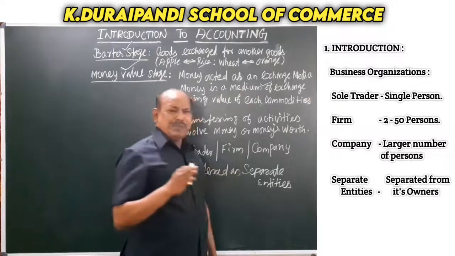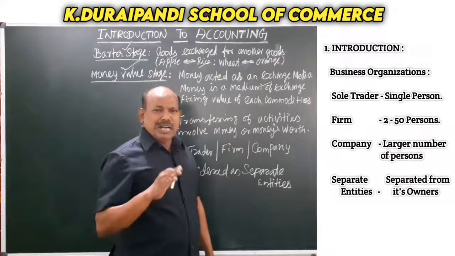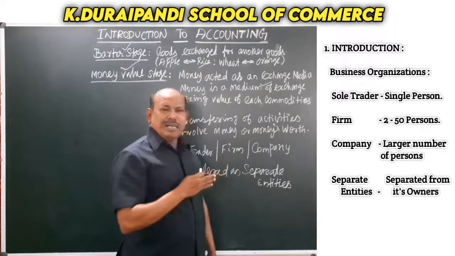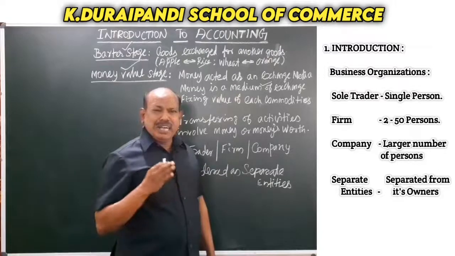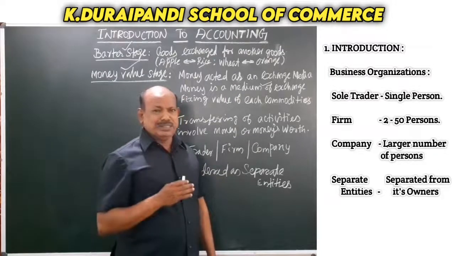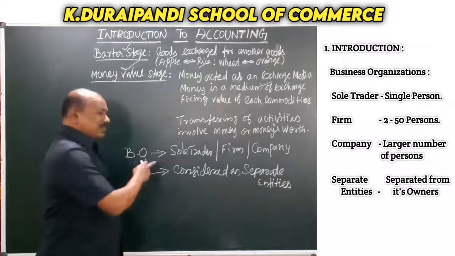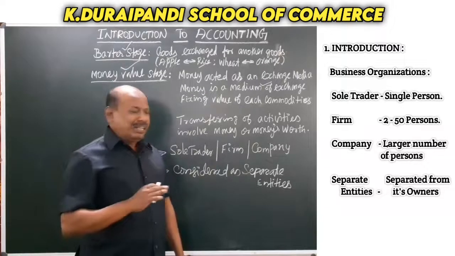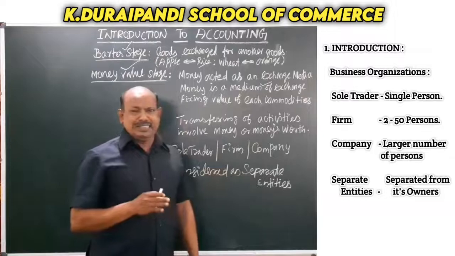Like that, company is another type of business organization which carries a larger number of persons. These business organizations are considered as separate entities.